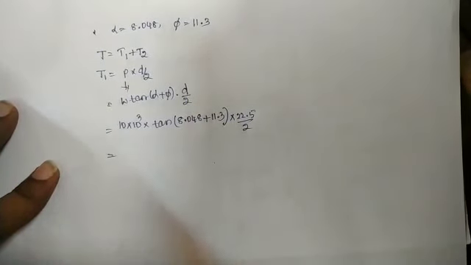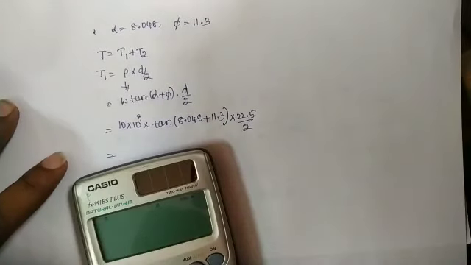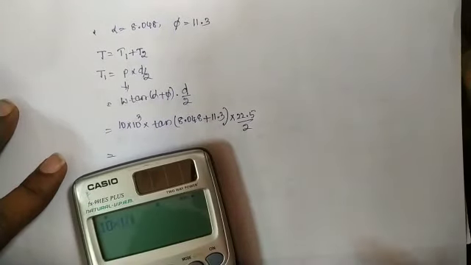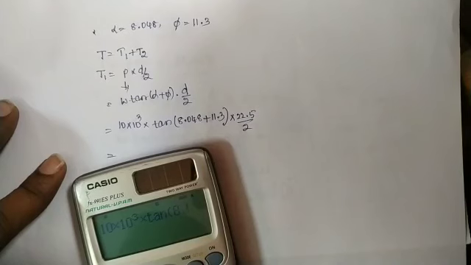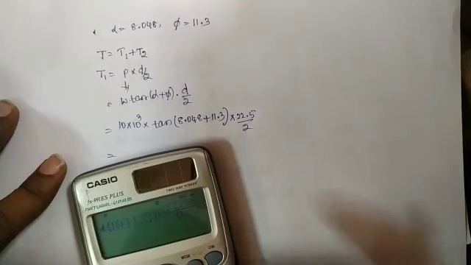So T1 equal to 10 into 10 power of 3 into tan of 8.048 plus 11.3, into 22.5 by 2.